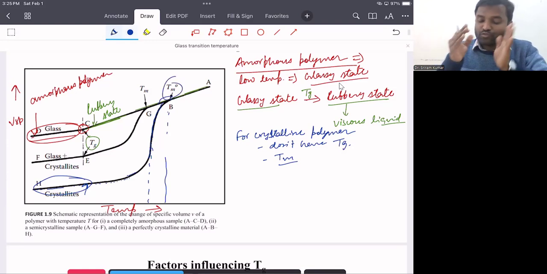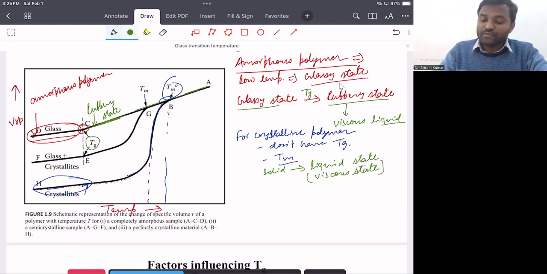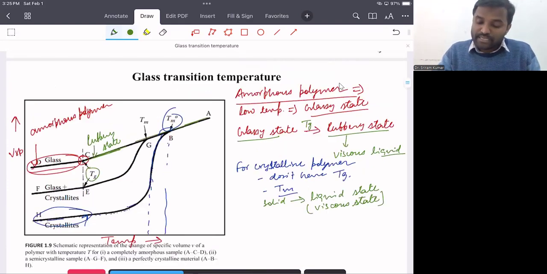At that temperature, the solid state of the crystalline polymer becomes the liquid state. So for the crystalline polymer, it changes from solid to the liquid state, or maybe viscous state.